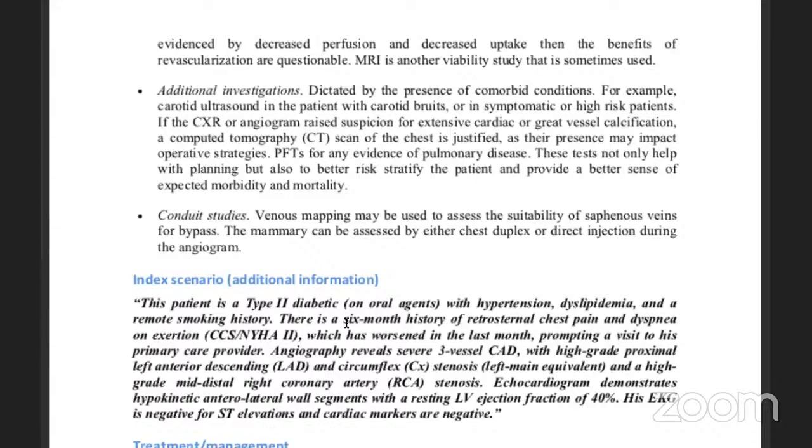Conduit studies like venous mapping may be used to assess the suitability of the vein for bypass. The mammary can be assessed by either chest duplex or direct injection during the angiogram. By the way, that's a recommendation in the guidelines, mapping of the greater saphenous vein, which we don't use in our hospital.